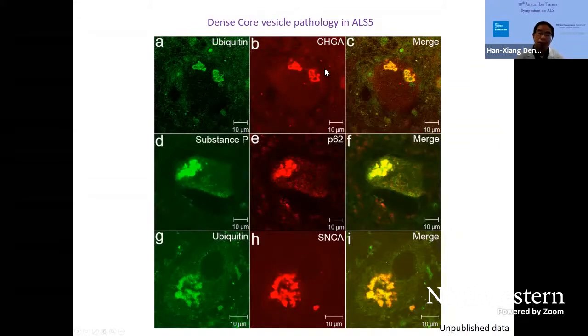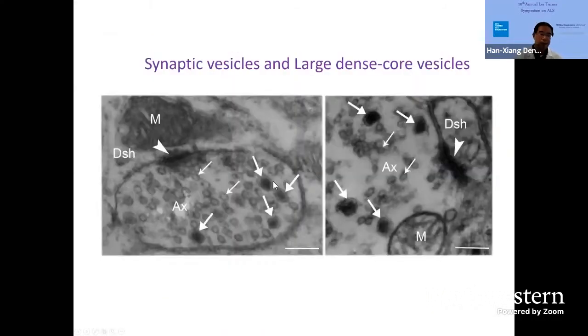And in addition to CHGA, we can also see substance P, which is a cargo in the large dense core vesicle. They are positive for this structure. And comparing synaptic vesicle and large dense core vesicle markers, the large dense core vesicle is much larger.